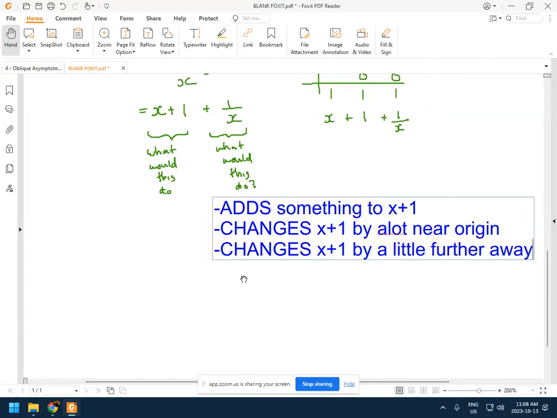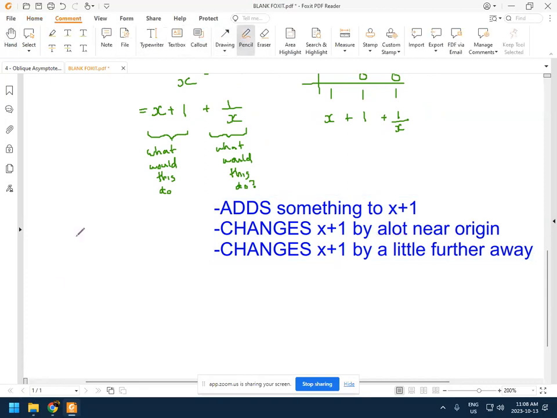Okay, so I'm going to test it. I will show you. Let's test as x approaches 1 versus as x approaches 1,000. Let's see the difference.